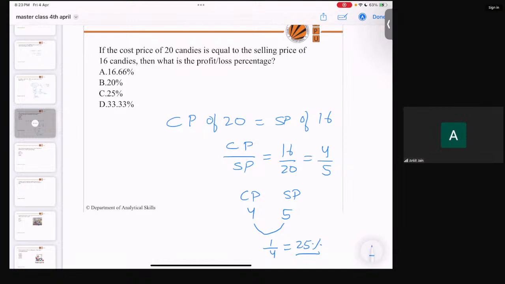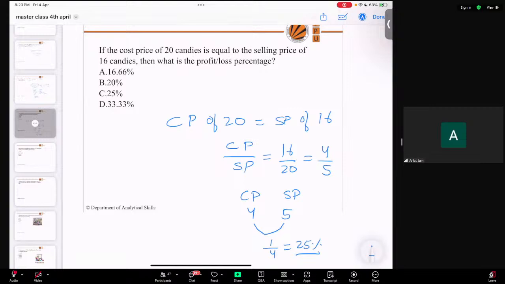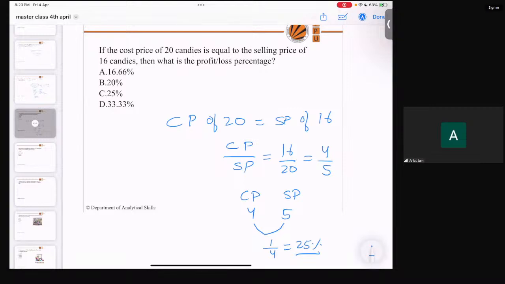Profit is always calculated on cost price. Profit and loss are calculated on cost price, discount is calculated on marked price, markup is calculated on cost price. Okay, now we move to the next question.